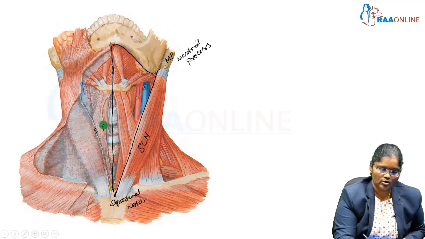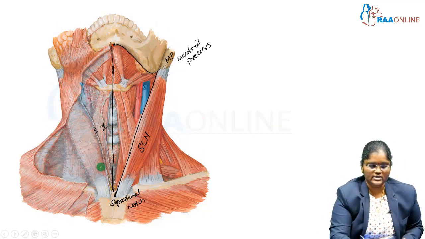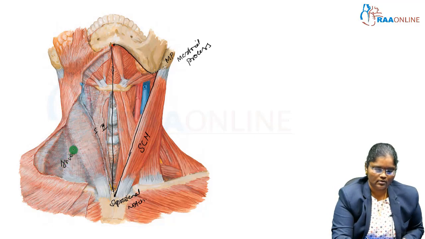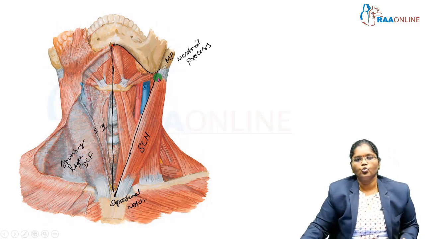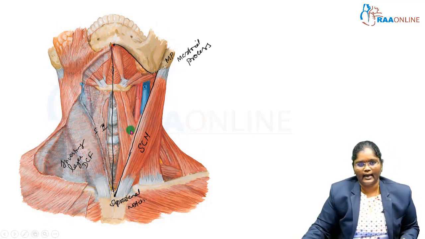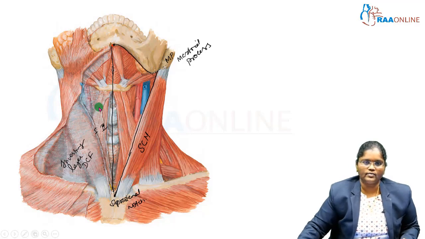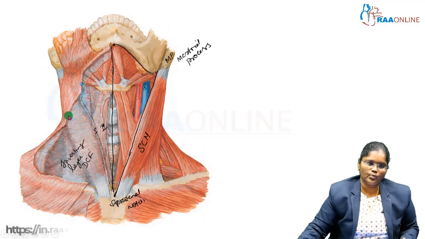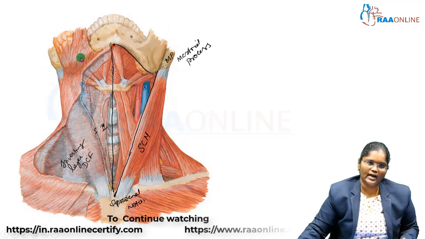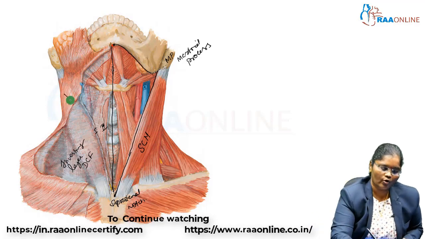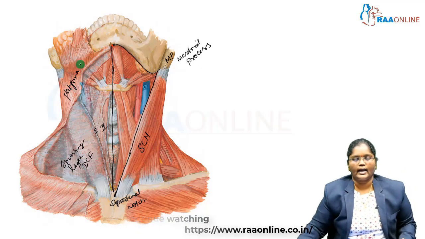These two layers are nothing but the investing layer of deep cervical fascia, which forms the roof of the anterior triangle of the neck. Not only the investing layer, superficial to it you can see one muscle on the other side. This is the platysma. So the platysma also forms the roof of the anterior triangle of the neck.